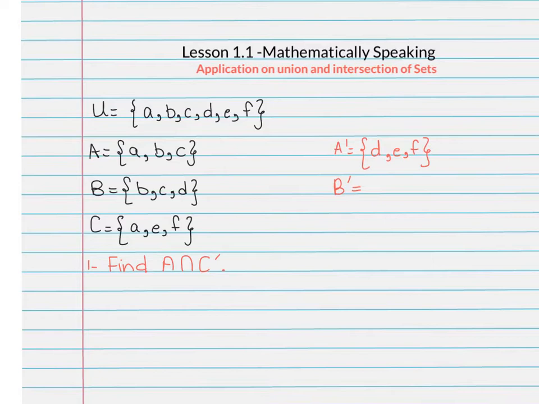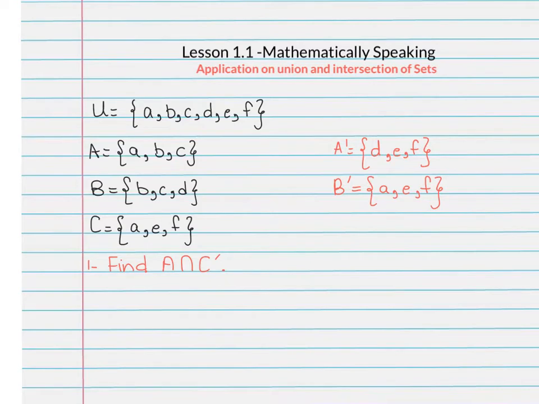We will refer to the universal set and eliminate from it the elements that are already found in B. So B has element B, C, and D. So the elements that are left for the complement of B are A, E, and F.